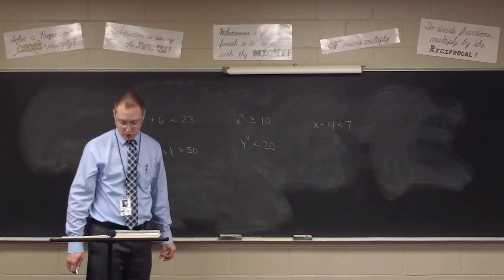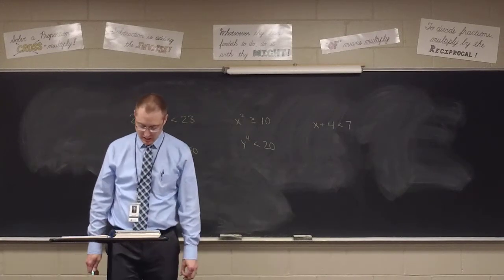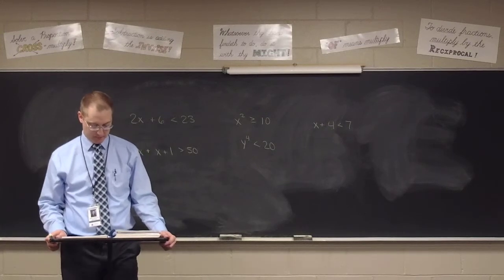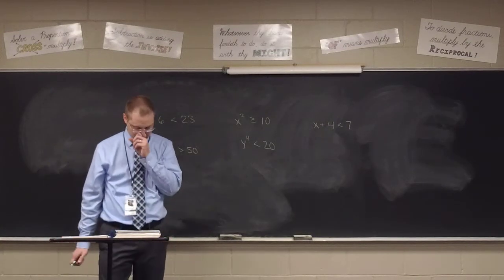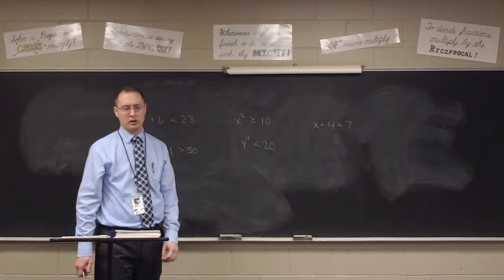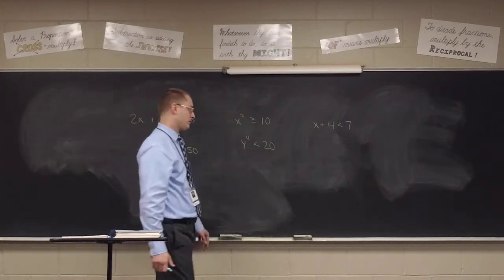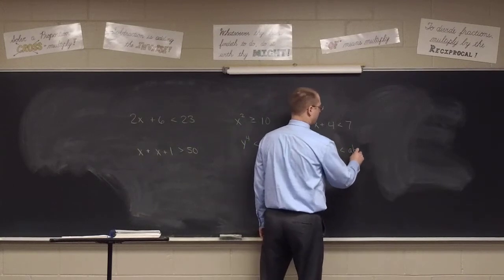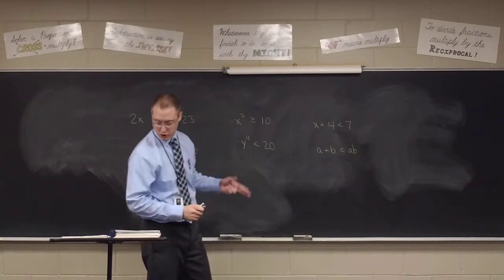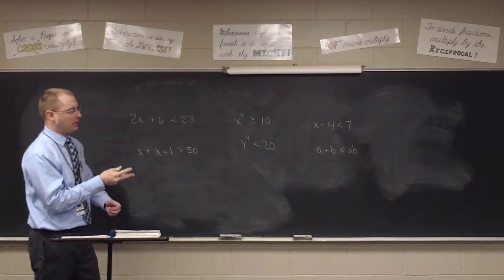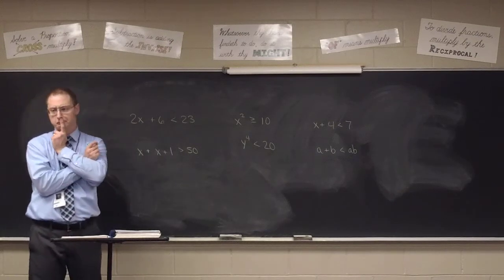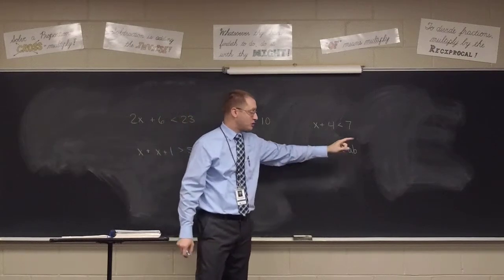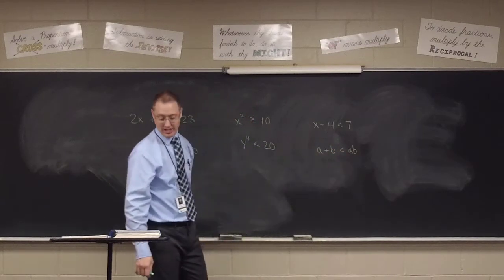How about number 32? The sum of a and b is less than the product of a and b. Maddie? Yeah, and then it says, could a equal 2 and b equal 3? Yeah, because what's 2 plus 3? 5. But 2 times 3 is 6, and 5 is less than 6.